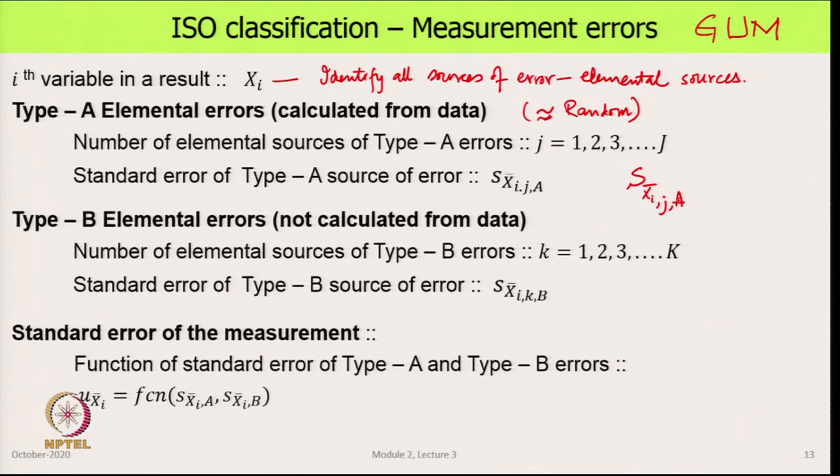Type B, then, are other errors which are not based on data, but which we calculate from other information, including physical behavior of the system. These are type B elemental errors, and you would say these would be largely classified as systematic errors. This would be k in number, and like before, here we call this S_Xikb.